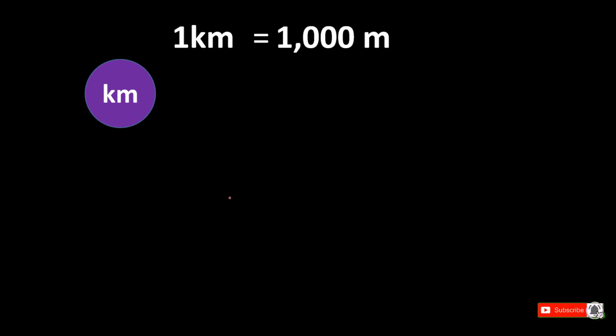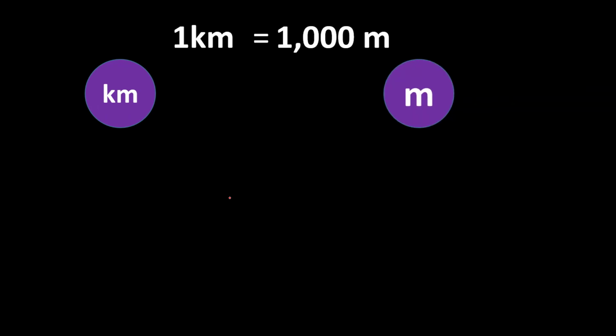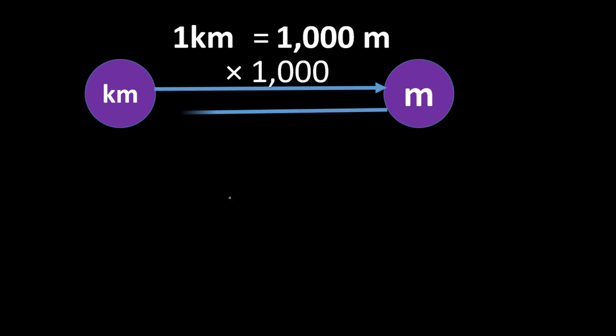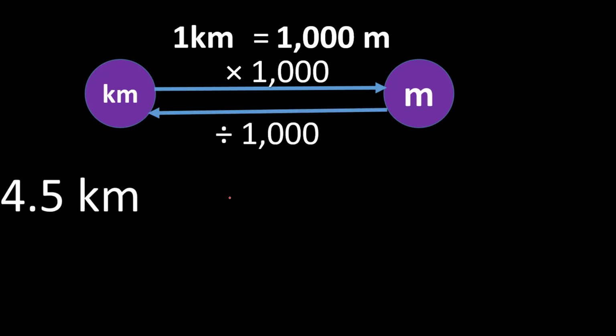First relation, 1 kilometer equals what? 1000 meter. So to convert from kilometer to meter, we multiply by 1000, and from meter to kilometer we divide by 1000. For example, if we have 4.5 kilometer equals what meter, we multiply this number by 1000.